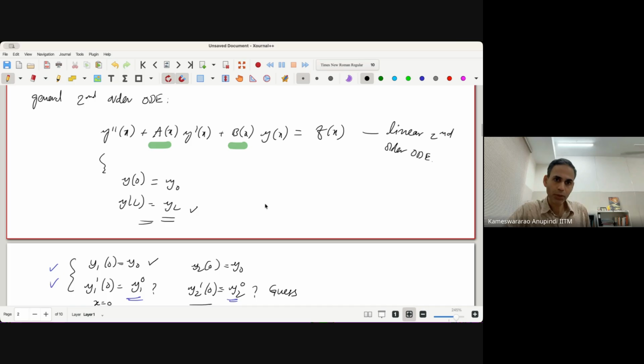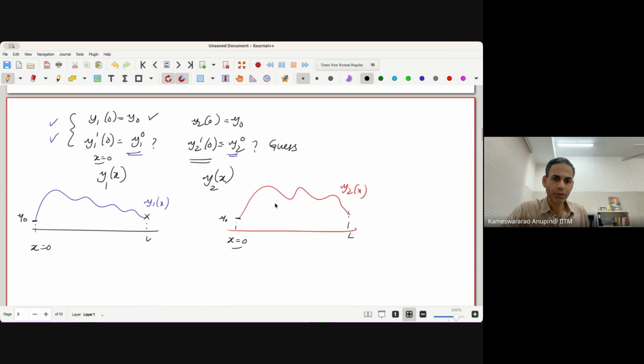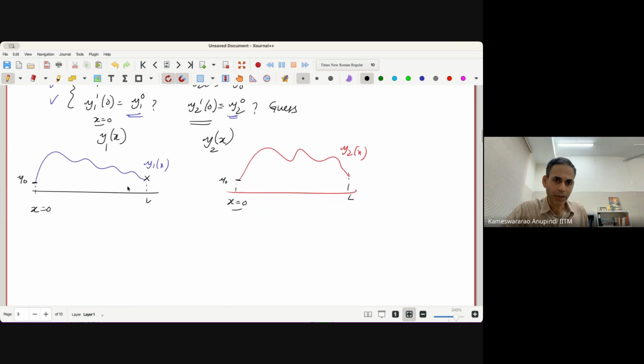But then we know that the given problem is linear, right? So linear superposition will work between the solutions. That means if I have a solution y1 of x and y2 of x, any other solution can be obtained by a linear combination of y1 of x and y2 of x.